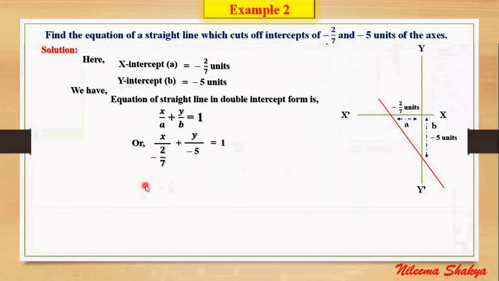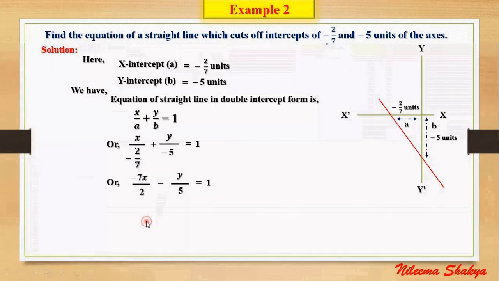The simplification is here. 7 will go up in the numerator to multiply with x. So we have 7x. The minus we can also put here in the numerator, and in the denominator we have 2 left over. Now this plus and minus will get multiplied. So we have minus y, and in the denominator 5, and on the right hand side 1.